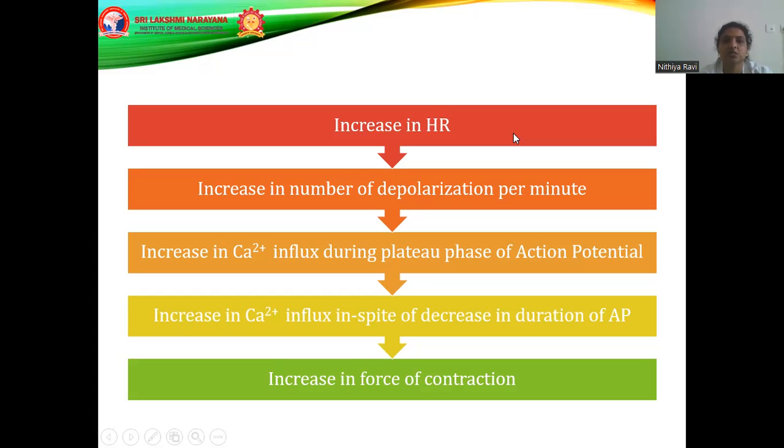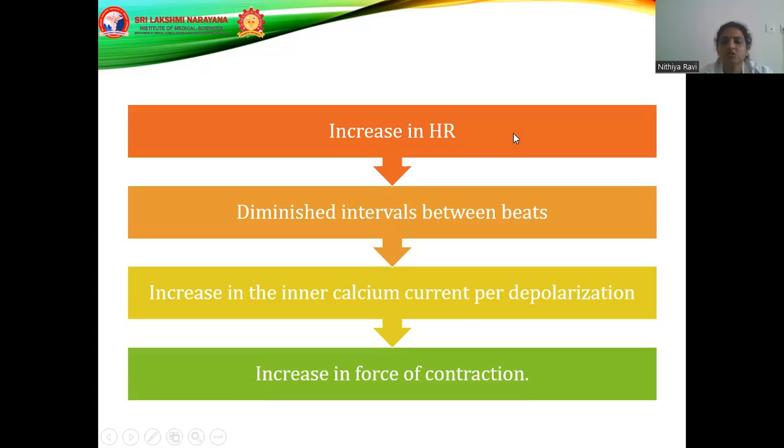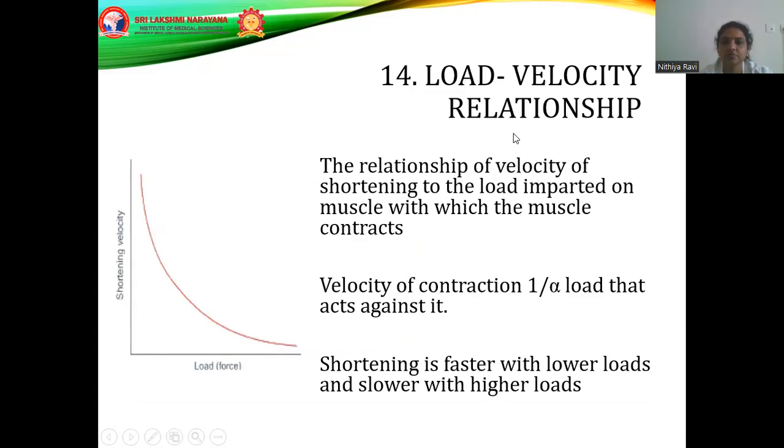So this is called the Bowditch phenomenon or the Treppe phenomenon. Also, the increase in heart rate will diminish the intervals between the heartbeats. Because of this, the increase in the inward calcium current per depolarization occurs, and that once again will lead to an increase in the force of contraction.